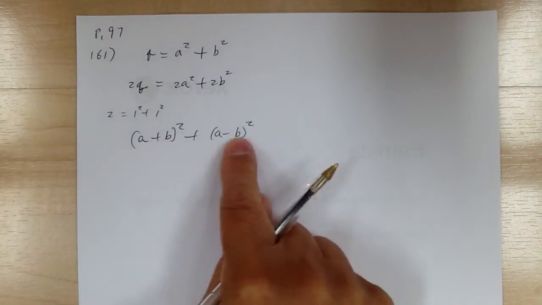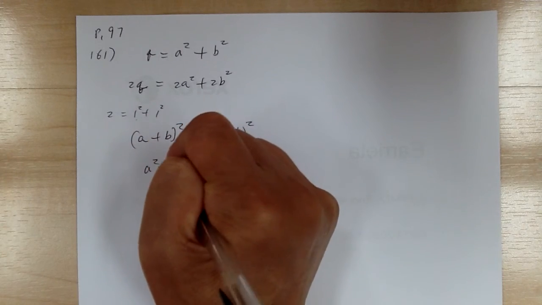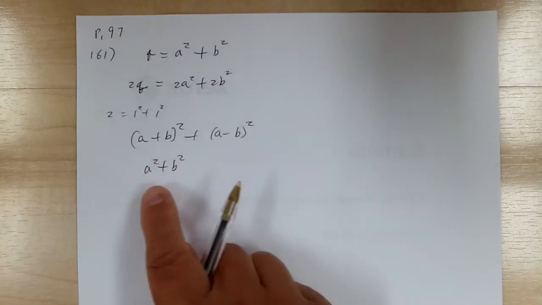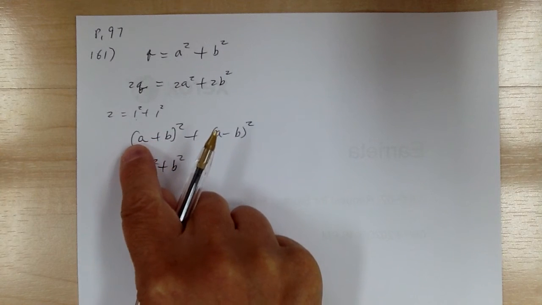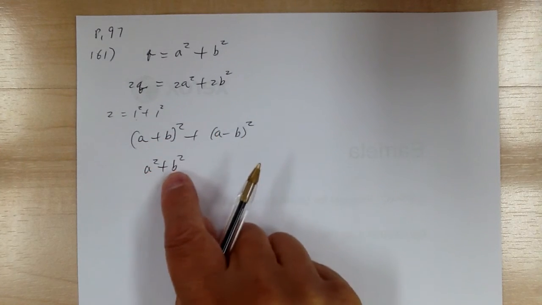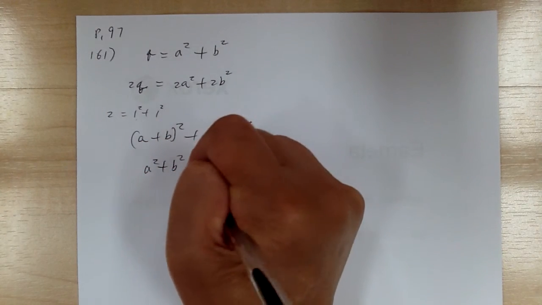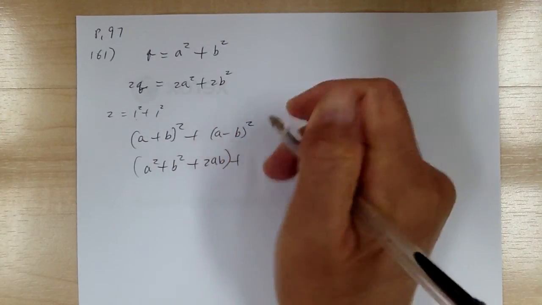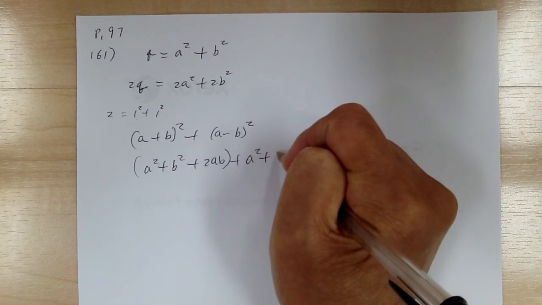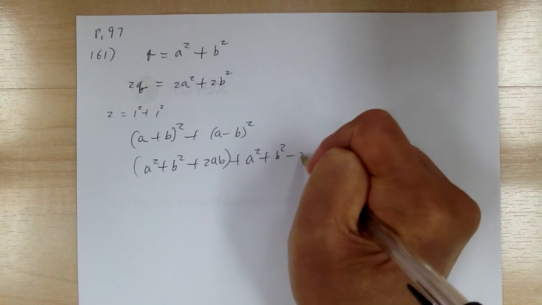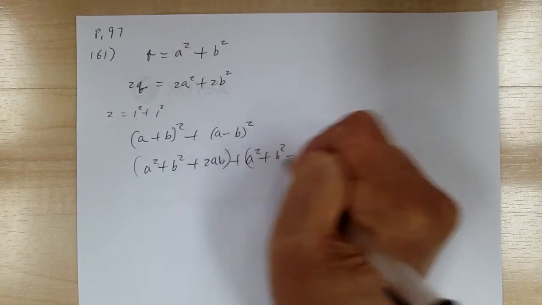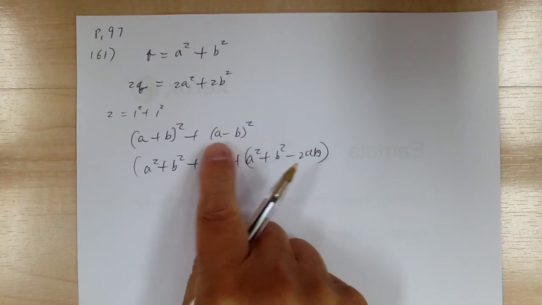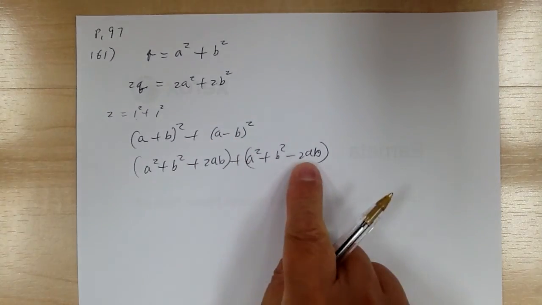So you can see when you do that, you're going to get a squared plus b squared. See that? So again, you have coefficients of 1 and 1. When you square, you're going to get 1 and 1, and plus 2ab. And in this part over here, you're going to get a squared plus b squared minus 2ab.